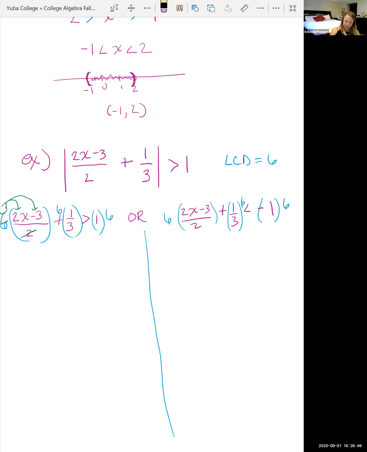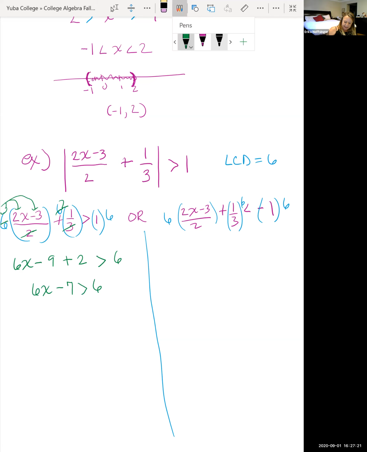So 3 times 2x is 6x, minus 3 times 3 gives us 9, plus, well, 3 goes into 6 over here twice, so this will be plus 2, is greater than 1 times 6 is 6. So simplify the one side, we can combine like terms. So we have 6x, negative 9 plus 2 is negative 7, is greater than 6.